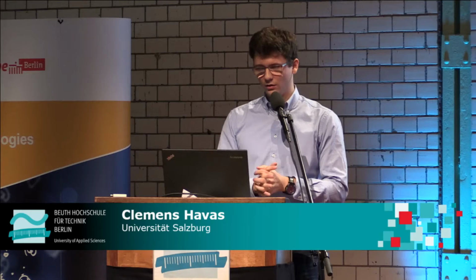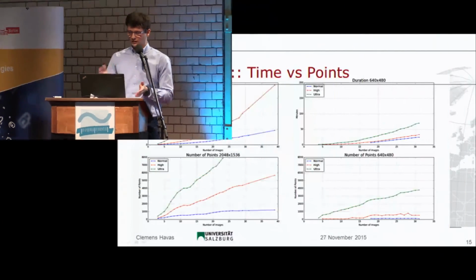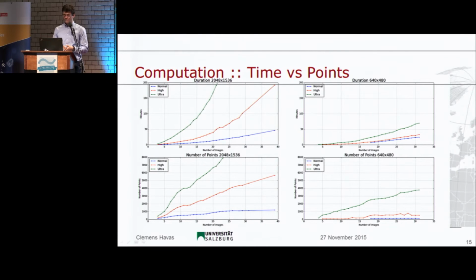This was our output of the first experiment when we changed the number of images as well as the settings. There you can see that the y-axis at the top is in minutes, and the bottom graphs are in number of points, the y-axis. And the x-axis is always the number of images.